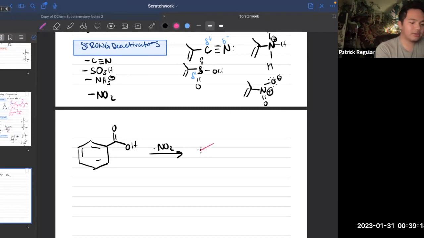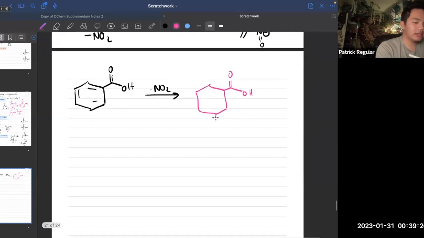Our initial structure would look like this. OH, NO2, positive charge here. Okay, let's form our resonance structures.